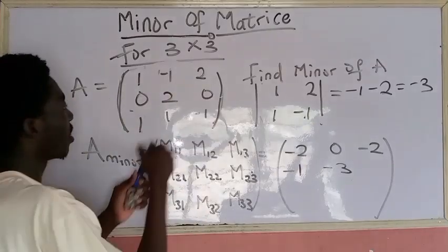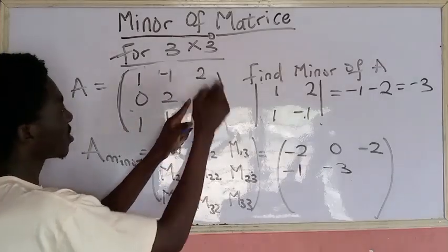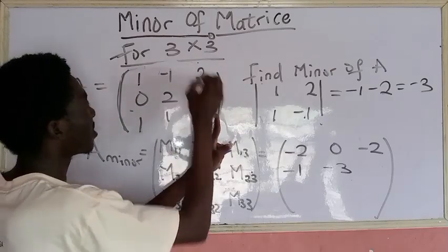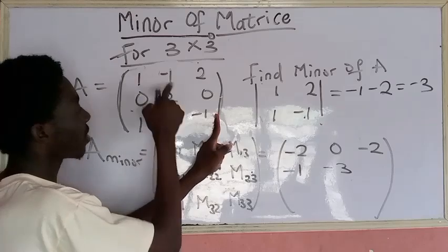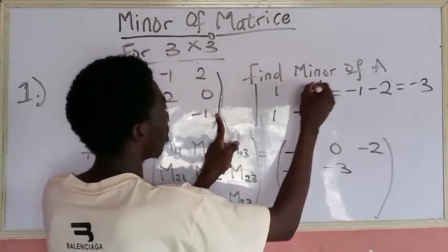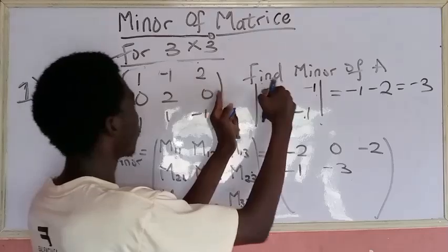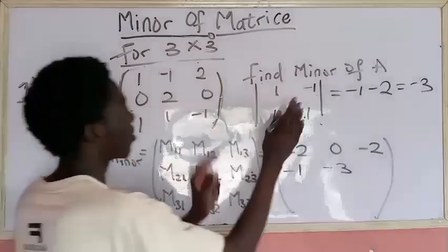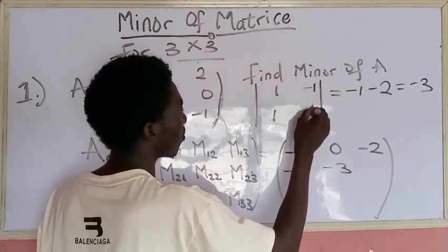Next one, I'll check for this. So for this, 0 occupies this column and this row. You can see I have this and I have this. So I'm left with 1, minus 1, minus 1, 1.